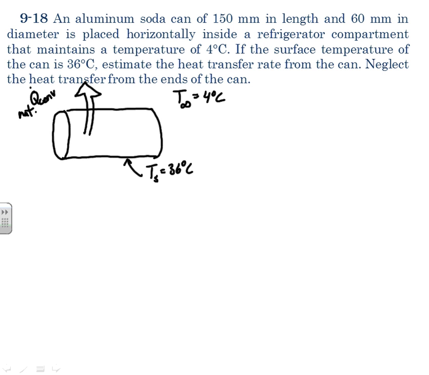Inside the refrigerated space there's no fans pushing the air around, there's no pumps, so all of the convection is just going to be based on the changes of the buoyancy forces around the can.